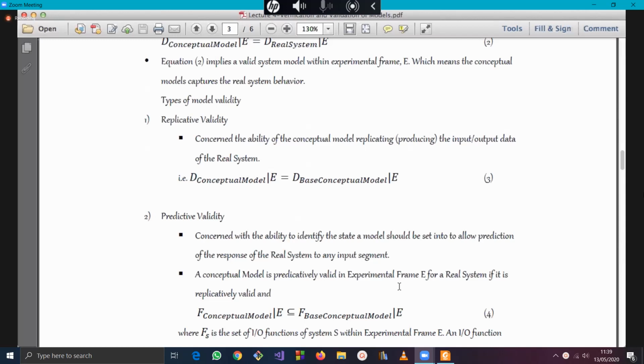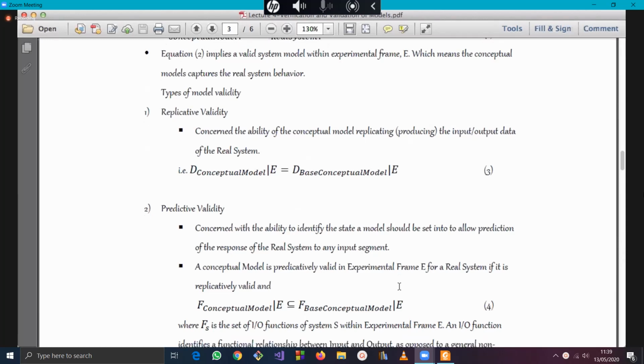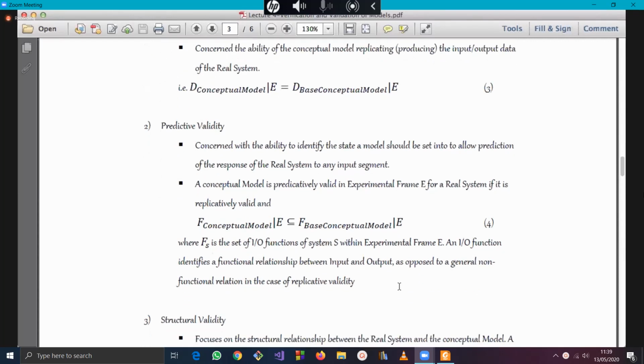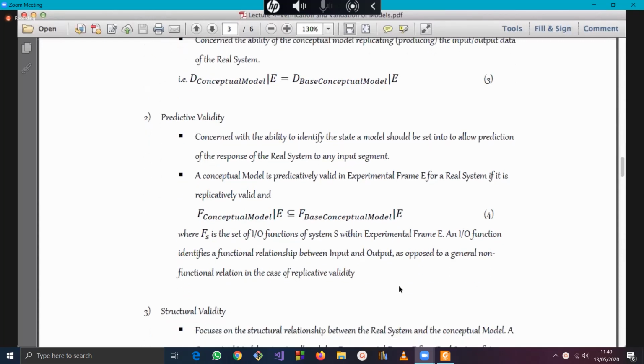You use your model to give an outcome similar to that of the base or real system. For predictive validity to occur, there is a presupposition of the first validity that we talked about, replicative validity.